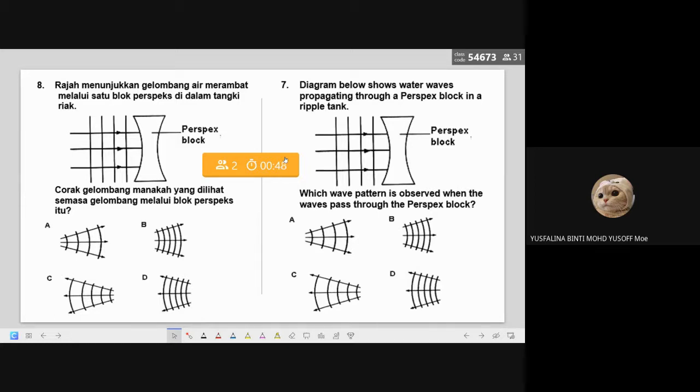At first, at the perspex block here, the wavelength will change, because this one will become the shallow area. The wavelength should change because this part will become the shallow part of the water, and this one should be deep. But how about the shape of the wavelength?